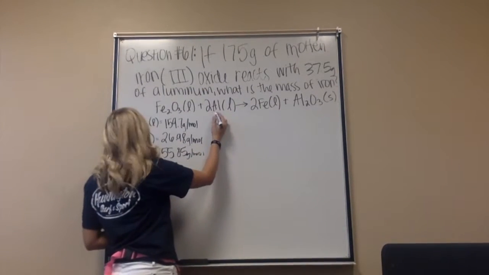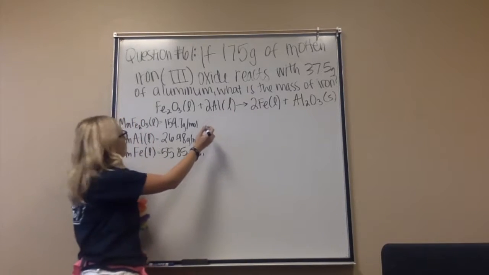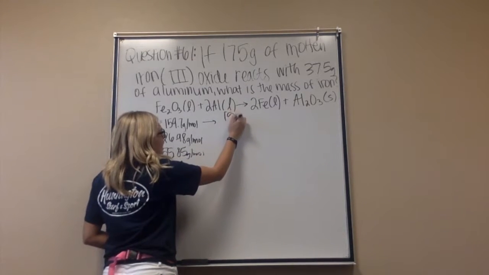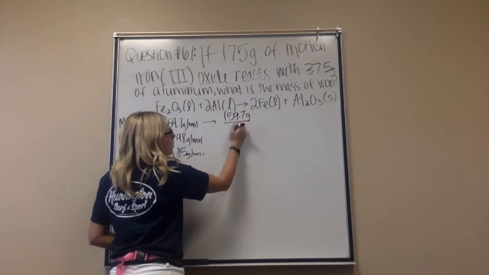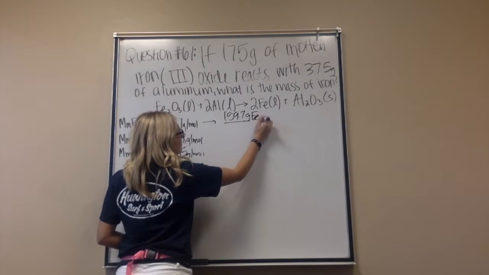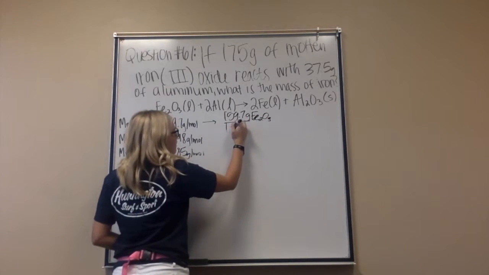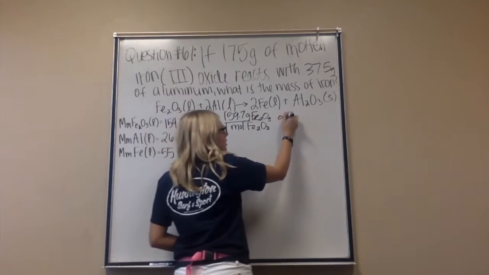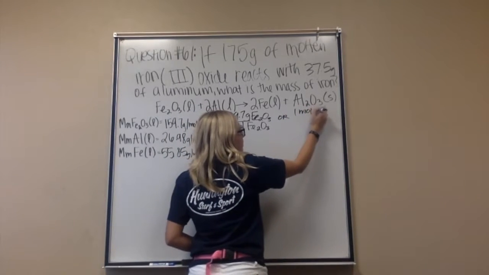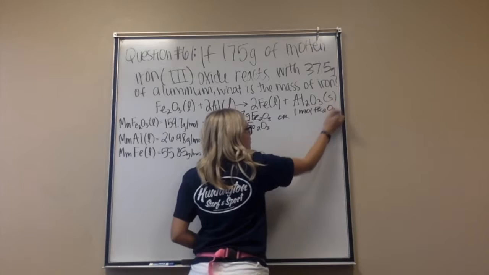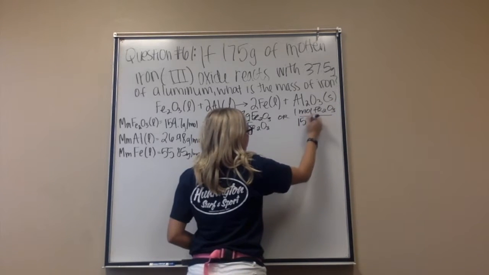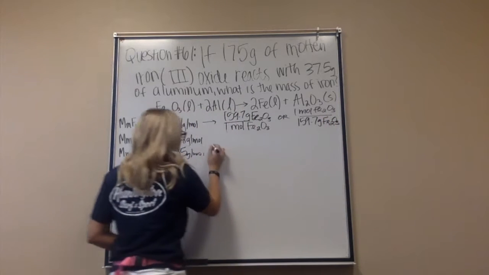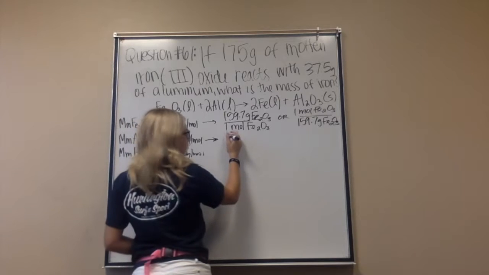The first one is the molar mass of iron(III) oxide, Fe2O3, which is 159.7 grams over 1 mole of Fe2O3, or 1 mole of Fe2O3 over 159.7 grams of Fe2O3. The other ones are just going to follow the same thing.